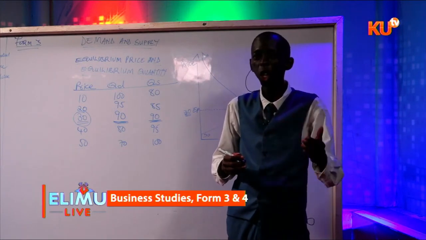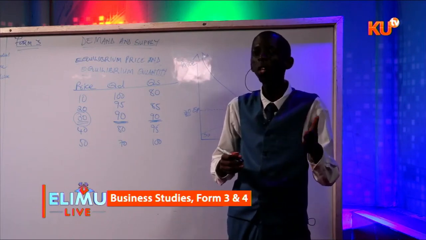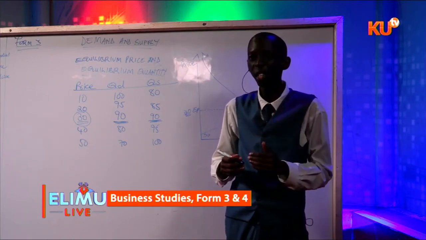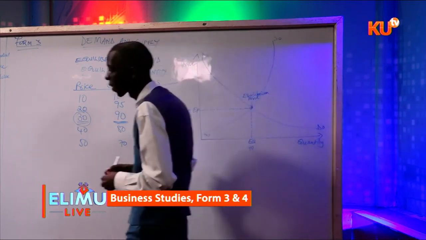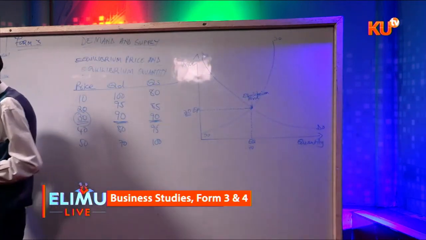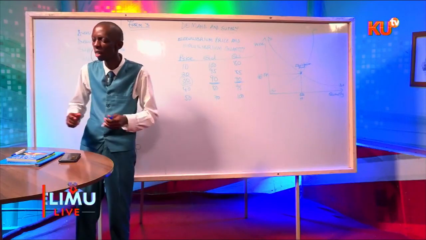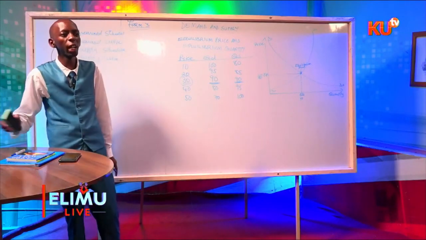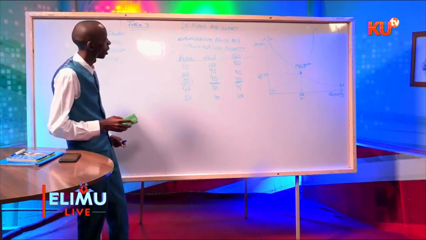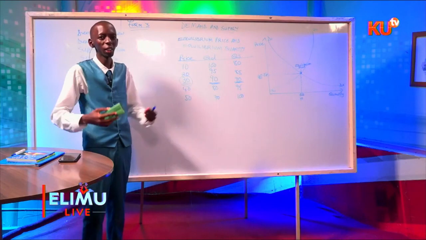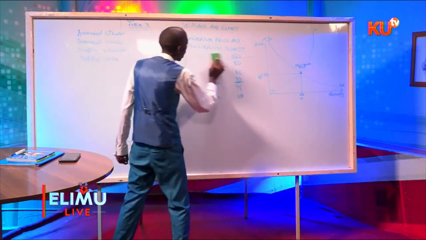How would a shift in the supply curve to the right and to the left affect the equilibrium point, the equilibrium price, and the equilibrium quantity? So I want us to look at change in the demand curve. How will a change in demand affect the equilibrium price, point, and quantity?